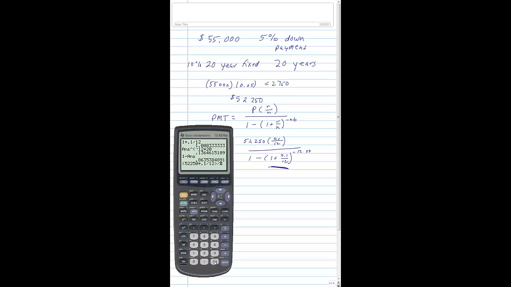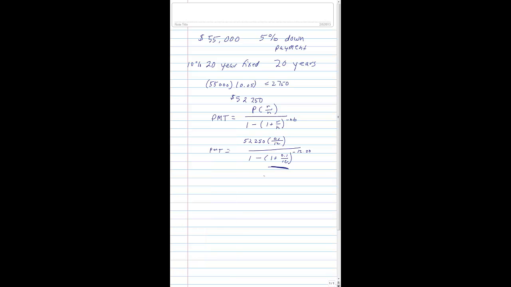But rather than type that all in, I'm just going to again do second answer. So it's taking the previous answer and using that. And when I do that, I get the $504 that the problem has for the answer. So that's $504, because they're asking you to round it to the nearest dollar, that we'll need to put in every month to pay off this mortgage.